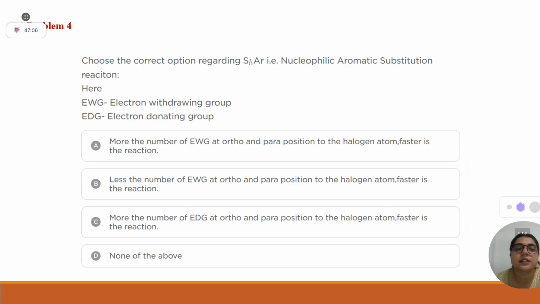In option 1, it is saying the more the number of electron withdrawing groups at ortho and para positions to the halogen atom, the faster is the reaction. Are they saying correct? Yes or no?